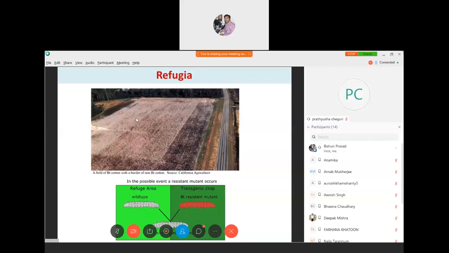So only a very small fraction of the population will develop resistance, and they have to come out to the refugia plants for their meal, and there is more than 99.99% chance they can mate with the wild type, and the ultimate offspring produced will be wild type. So the resistant mutant will not form, or we can say that we can delay the formation of resistant larvae.